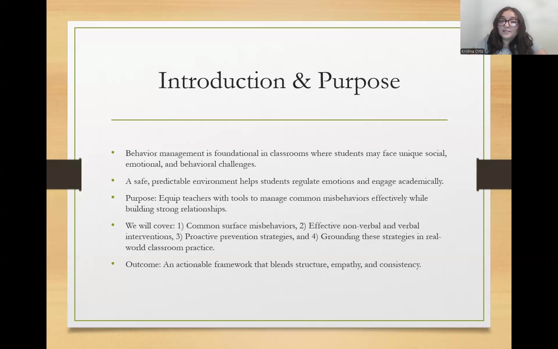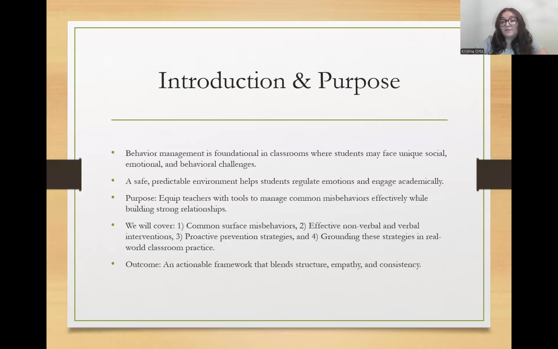So, the purpose of this PowerPoint and research is to equip teachers with tools to manage common misbehaviors effectively while also building strong relationships. What we will cover: common surface misbehaviors, effective nonverbal and verbal intervention, and proactive prevention strategies.